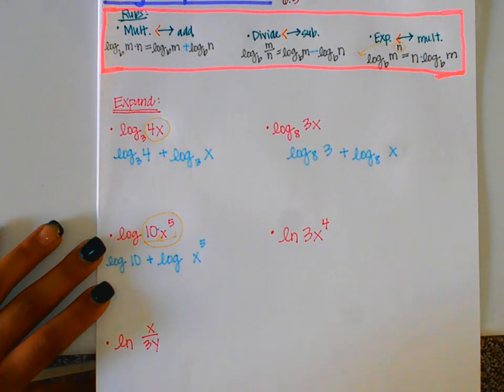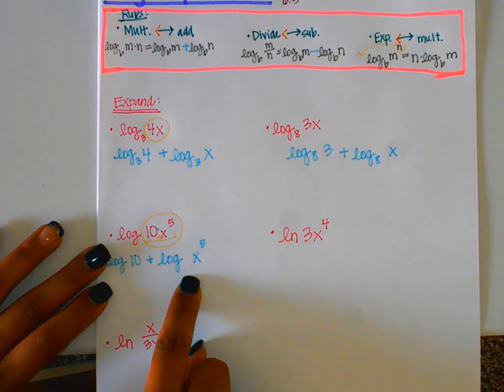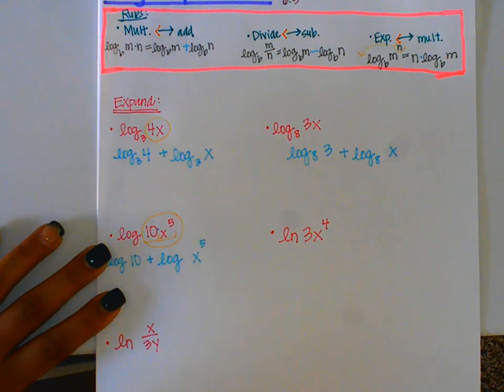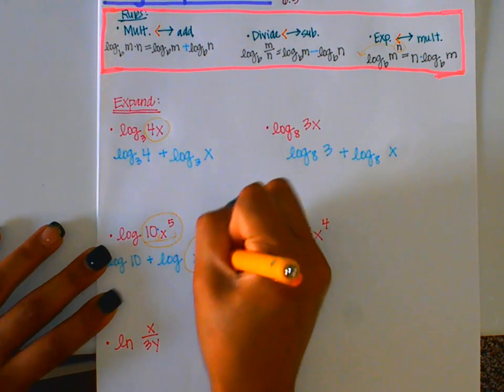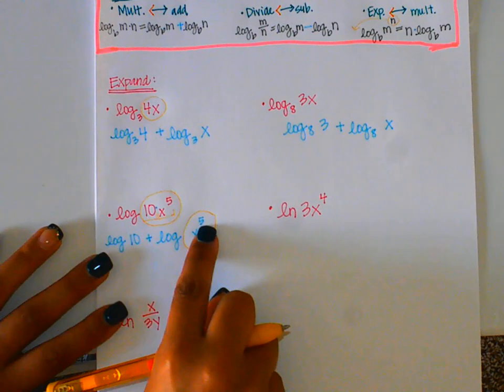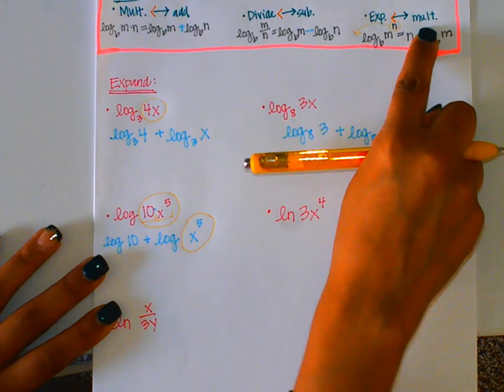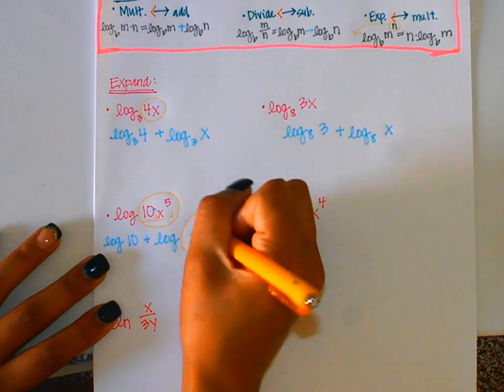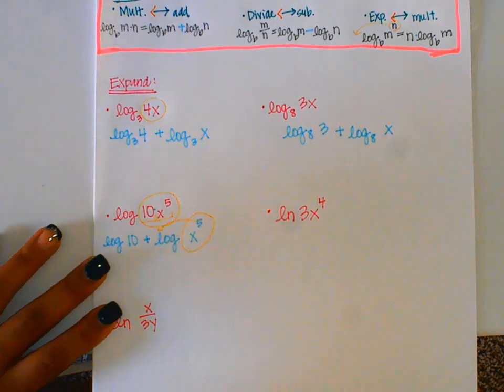Okay. Then I notice that in this one here, I can still expand this because this has a power of 5. So it has an exponent. I can expand it by multiplying, simply by taking that and turning it into a coefficient.